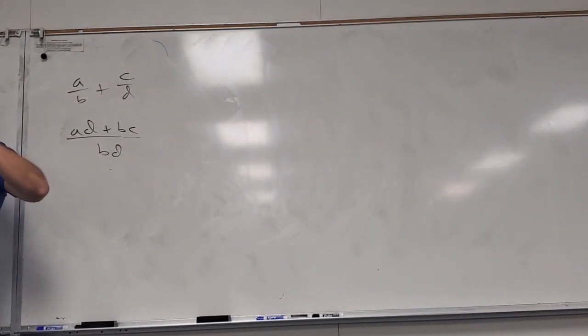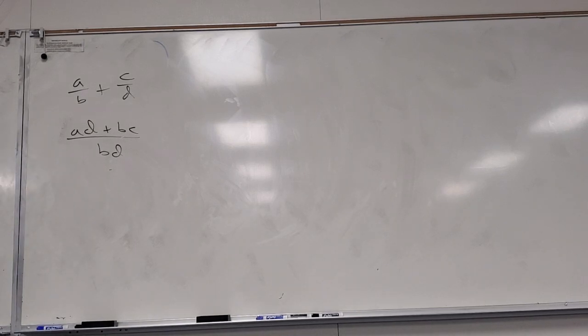This is the idea of being closed, right? So if I add two fractions together, the answer must be a fraction. Closed means if I add two whole numbers together, the answer must be a whole number, correct?